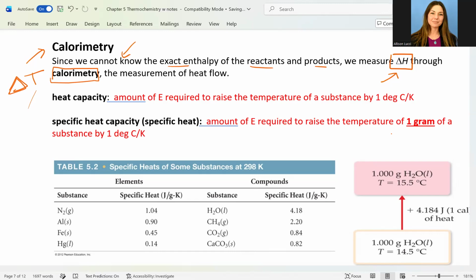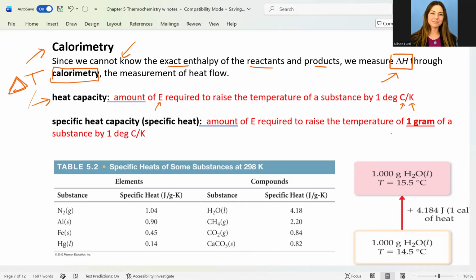So let's first define a couple terms here. The first is heat capacity. Heat capacity we'll define as the amount of energy required to raise the temperature of a substance by 1 degree Celsius or Kelvin. Since both the Celsius and Kelvin scale increase by the same amount, we could say either.